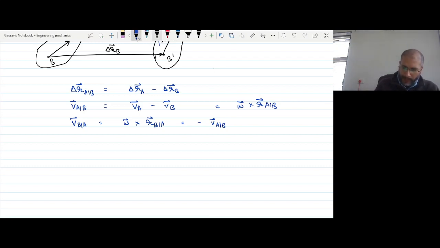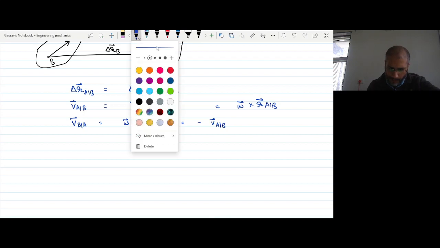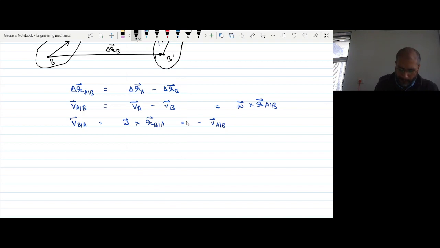Okay. Similarly, acceleration. So acceleration of A with respect to B is, there is a normal component and there is a tangential component.